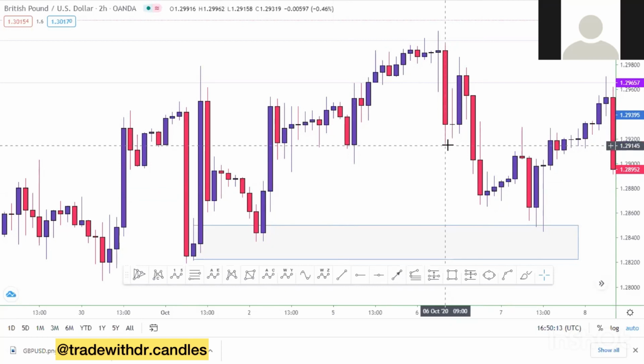So as a trader, it's left to you to decide. You can choose to take just 50% of the wick, or you can choose to take, let's say, 100% of the wick. But I always advise to go at least halfway. With the halfway, you can be safe.